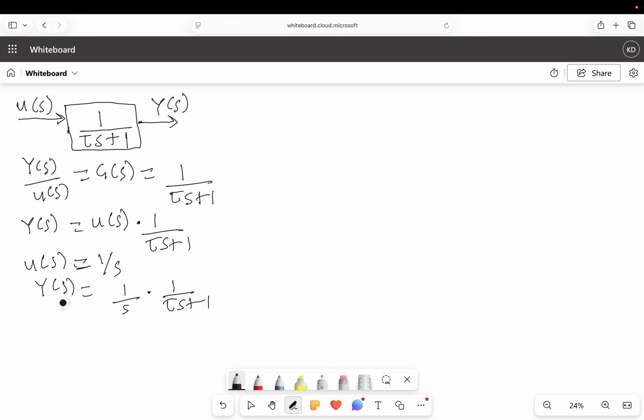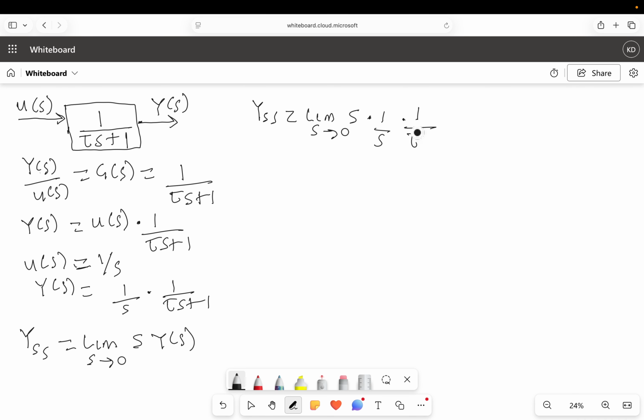In order to know the steady state value of my output, I can use the final value theorem, which says y_ss is just the limit as s approaches 0 of s Y(s). So I will have y_ss to be the limit as s approaches 0 of s, then I have my Y(s), which is 1 over s, times 1 over tau s plus 1.